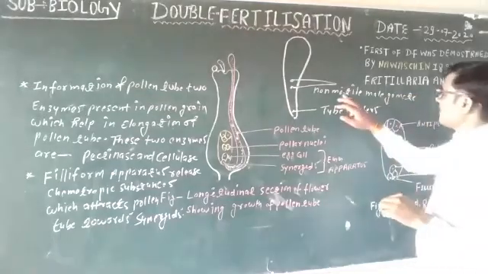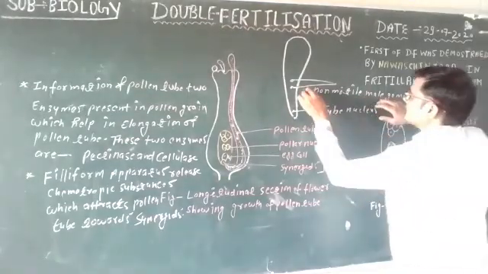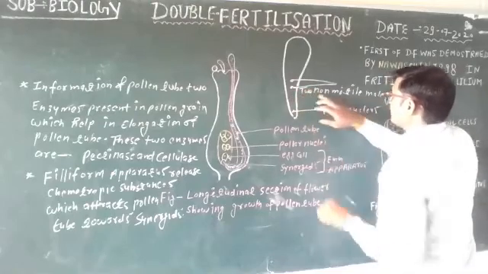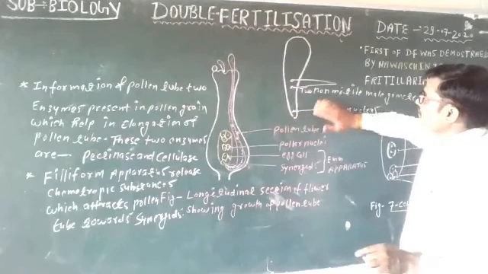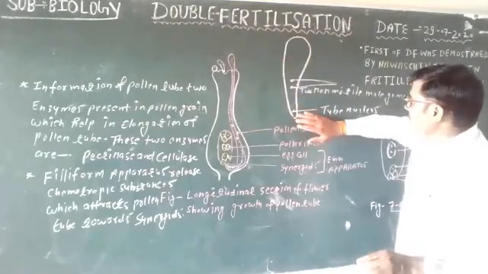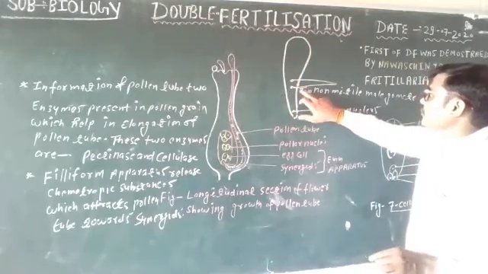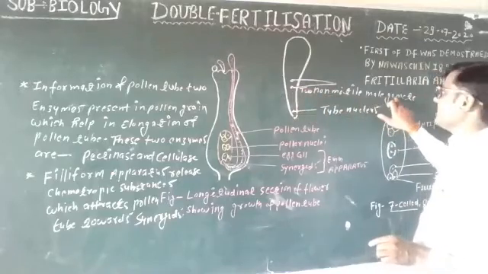These are the two non-motile male gametes, and this pollen tube contains one tube nucleus and two non-motile male gametes.